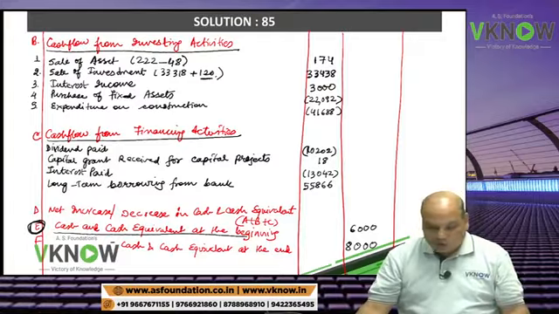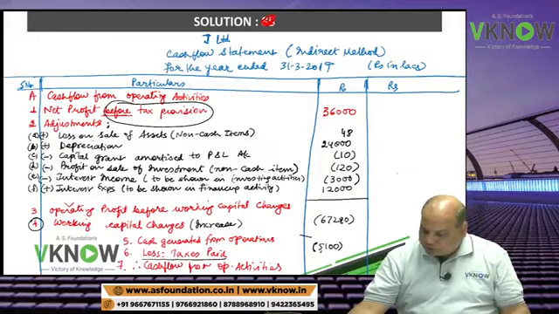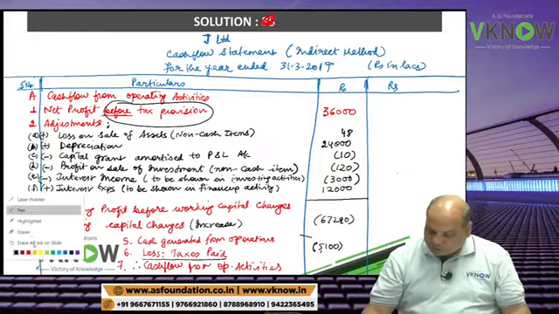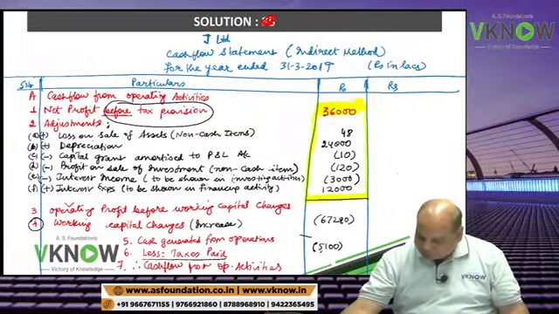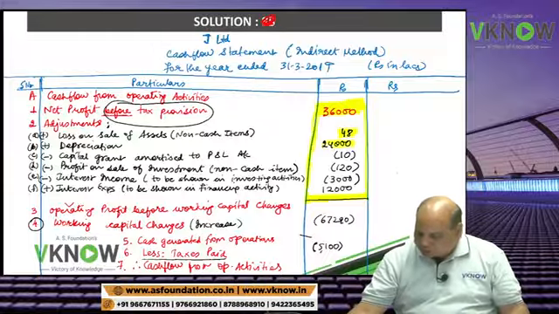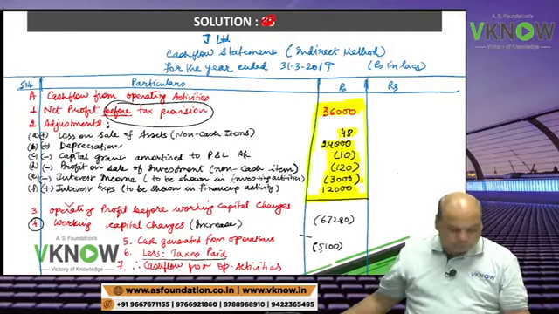Now time to use your calculator and help me. First you draw one line here and calculate operating profit before working capital changes. Take the total of all these numbers which I have highlighted just now.